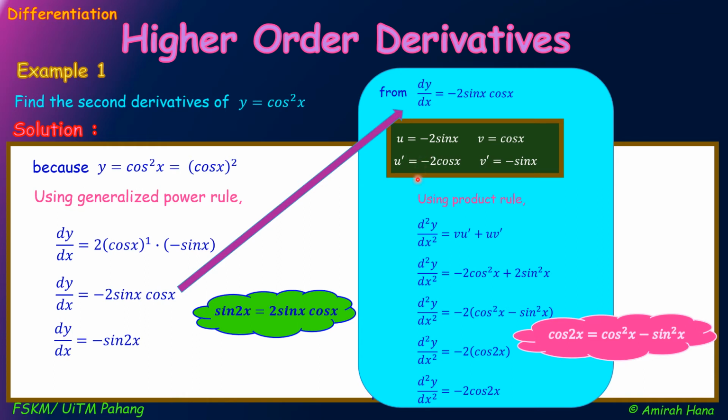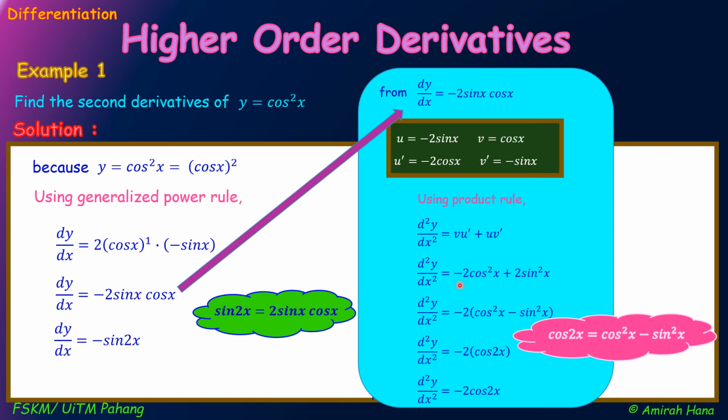Then we find u prime and v prime, and after that, we use the product rule. After we differentiate dy over dx, the symbol becomes d2y over dx2, which from the product rule formula equals v u prime plus u v prime. Then we substitute v times u prime, so we have negative 2 cos squared x, and then minus minus becomes plus 2 sin squared x.